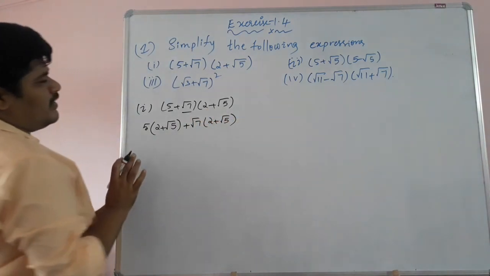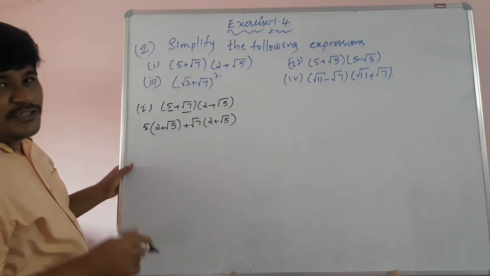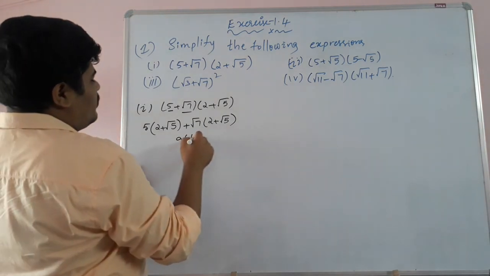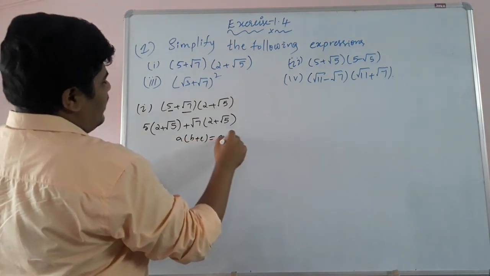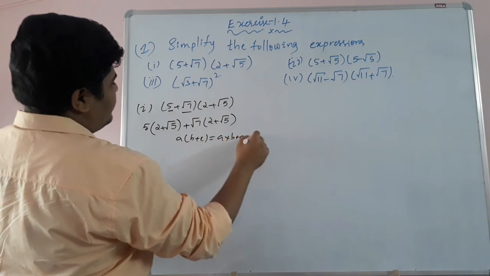Now we know the distributive property. What is the distributive property? a into (b + c) is equal to a into b plus a into c.